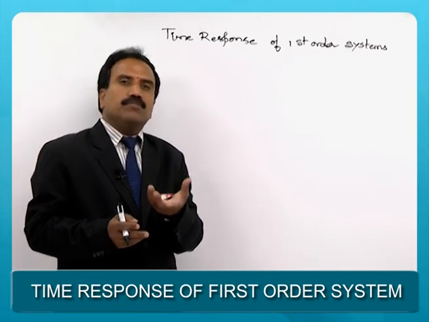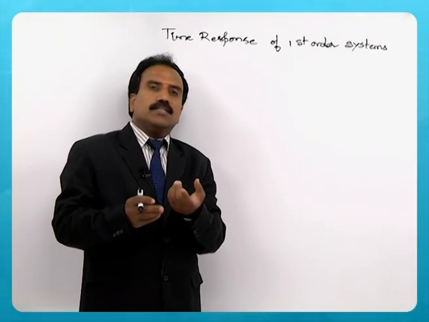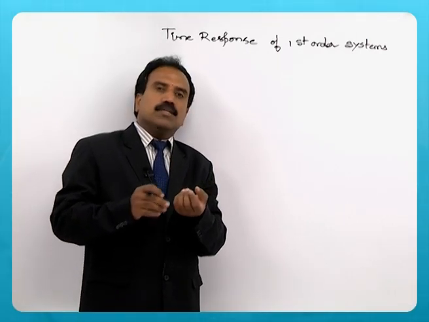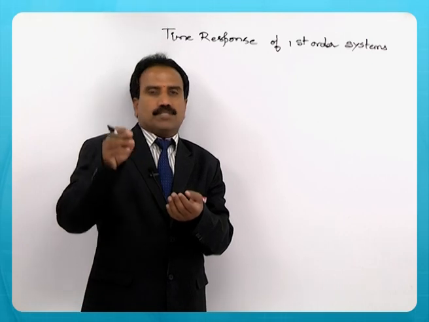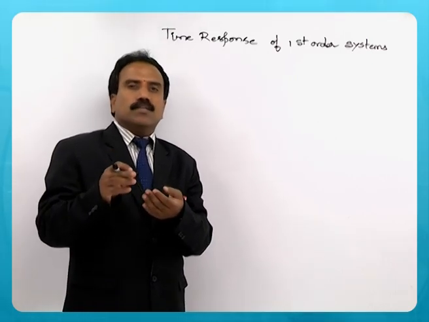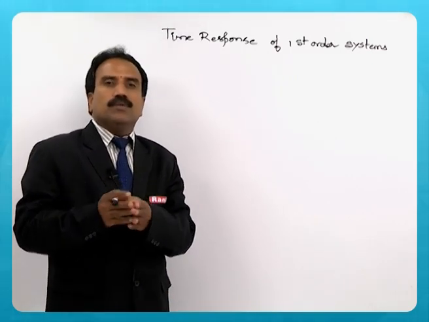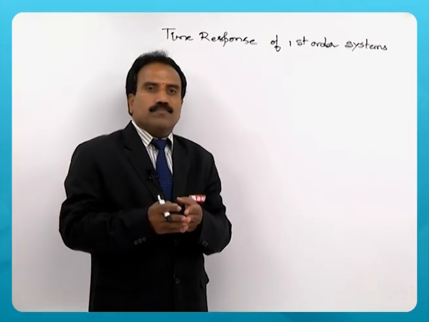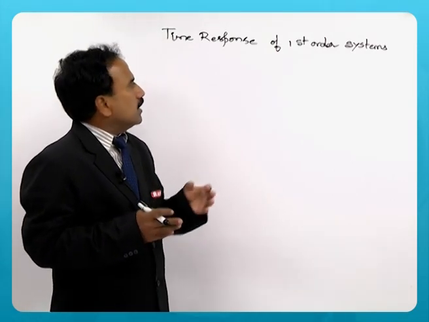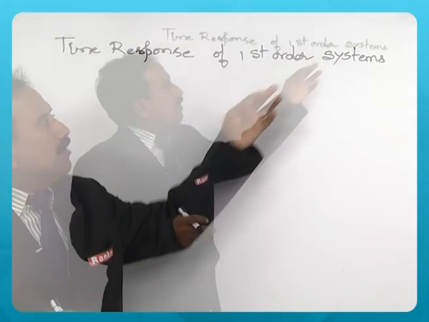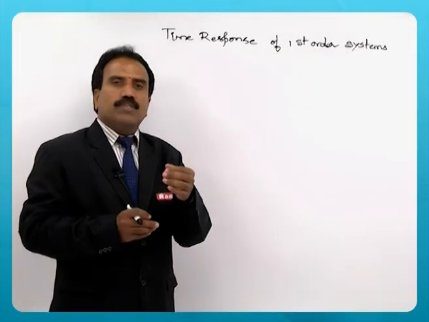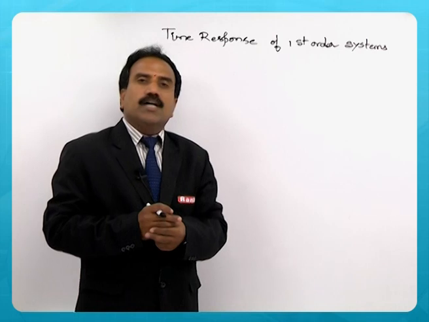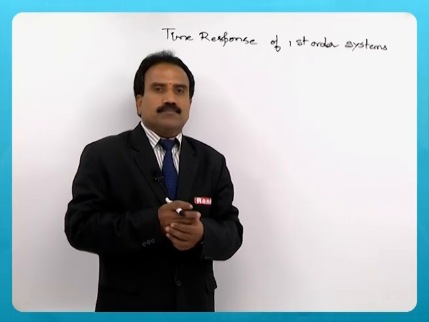So, we will have some information that we can say that it is a good system if the speed of response is very fast. If the response is faster, we say speed of response is good, so it is a good system. For that purpose, let us now see, for a first order system, we excite by some inputs and then what is its response.